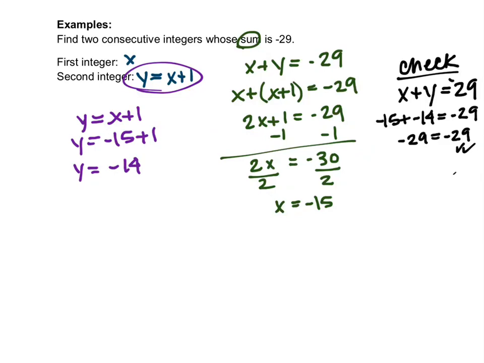That's an excellent next step, and from there we're going to go ahead and see if we can answer the actual problem. It told us in the question, it wanted us to find two consecutive integers.